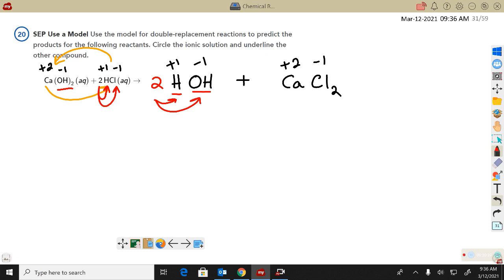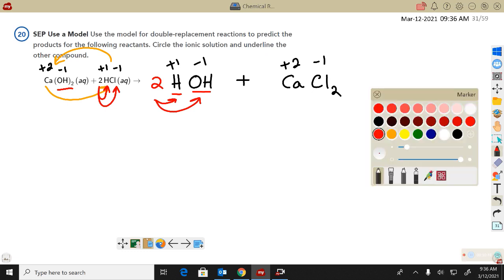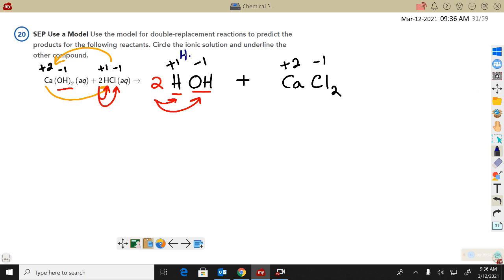It's balanced. Now the last thing that I usually do is put in the phase symbols. And so it might help to know that HOH is also known as water. Often when we're writing these balanced equations, it might come up as HOH on the product side.